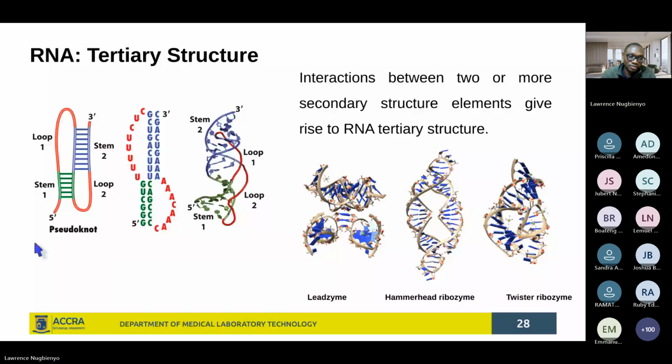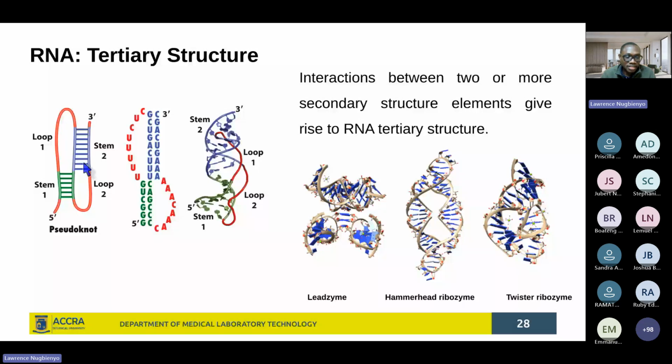a pseudoknot. See, what is being referred to as a pseudoknot. And here we see an RNA strand, 5' end, and it goes up, loops, comes down, and then it loops up again to the 3' end.